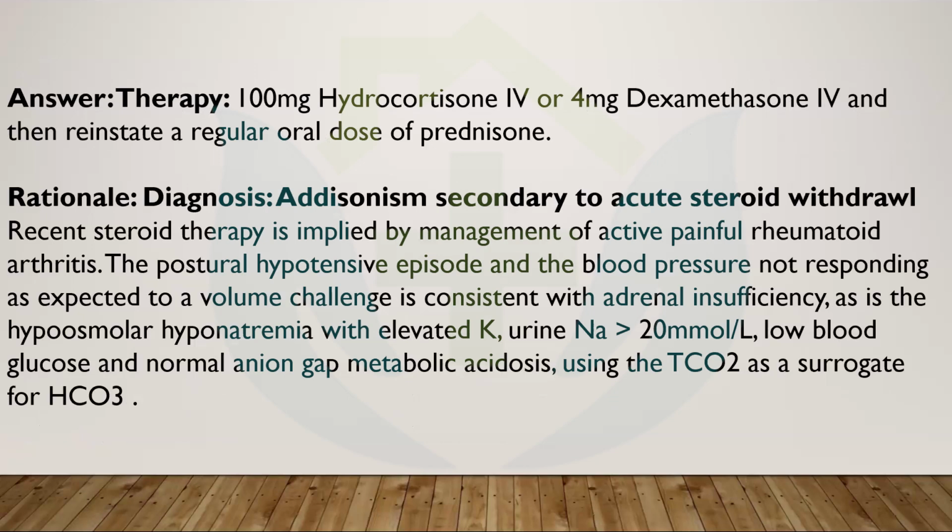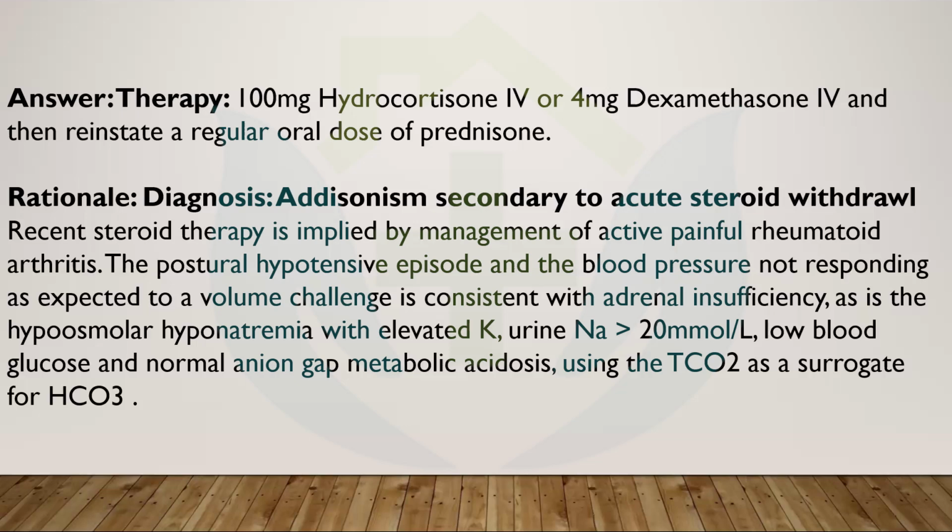The postural hypotension episode and blood pressure not responding as expected to the volume challenge are consistent with adrenal insufficiency, as is the hypoosmolar hyponatremia. Can you see the hypoosmolar hyponatremia with elevated potassium, urinary sodium more than 20, low blood glucose, and normal anion gap metabolic acidosis.